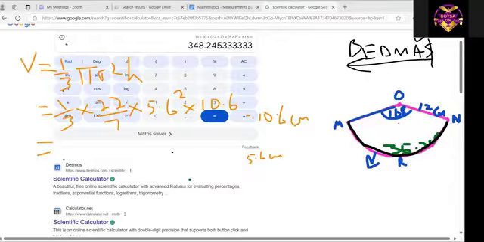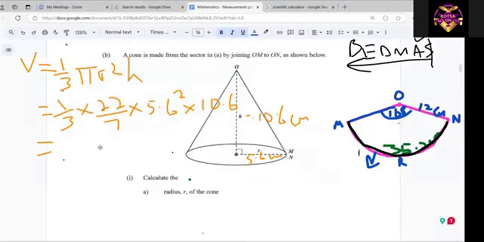Well, on both of my calculators, I got 348.24. I'm getting the same exact thing. All right, but this is not the final answer though. We're almost there.